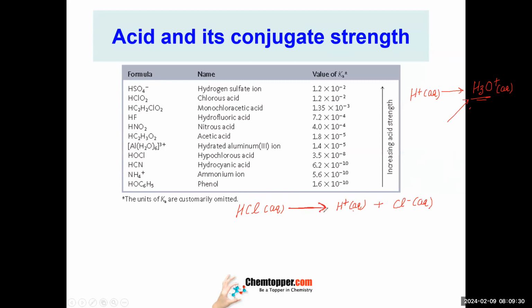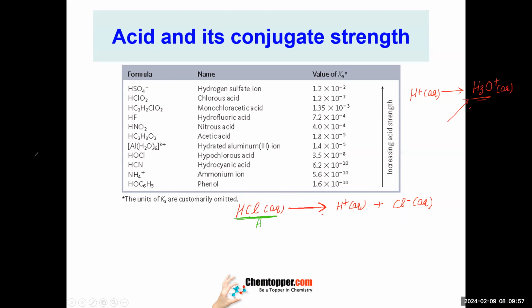Answer my questions, children. The first question is, what is the conjugate base of this acid? This is the acid. What is the conjugate base? Cl-. This is the conjugate base.